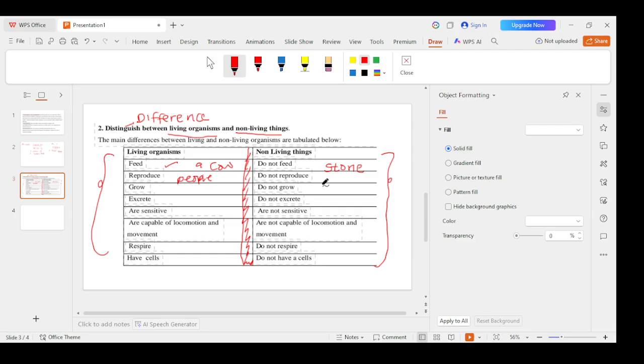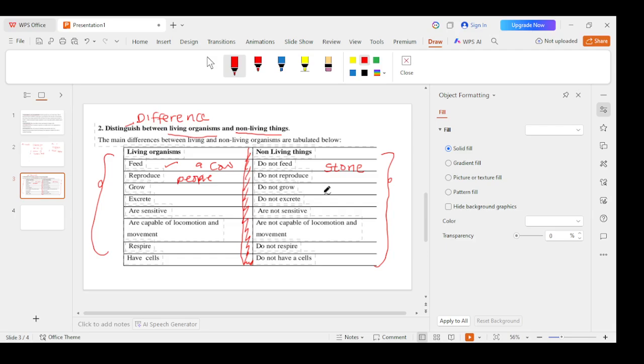Then living organisms grow. An example is yourself. You are growing. Maybe tomorrow you'll be 30, after 10 years you'll be 25, after another 10 years you'll be 40. But non-living organisms do not grow, because they can't grow.